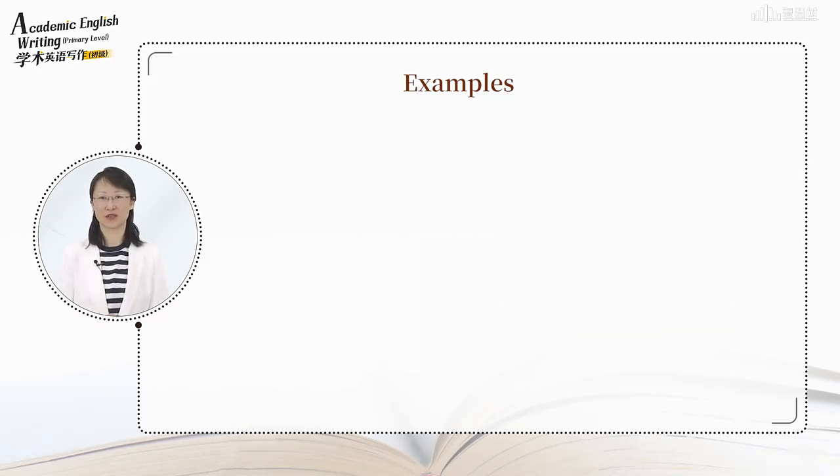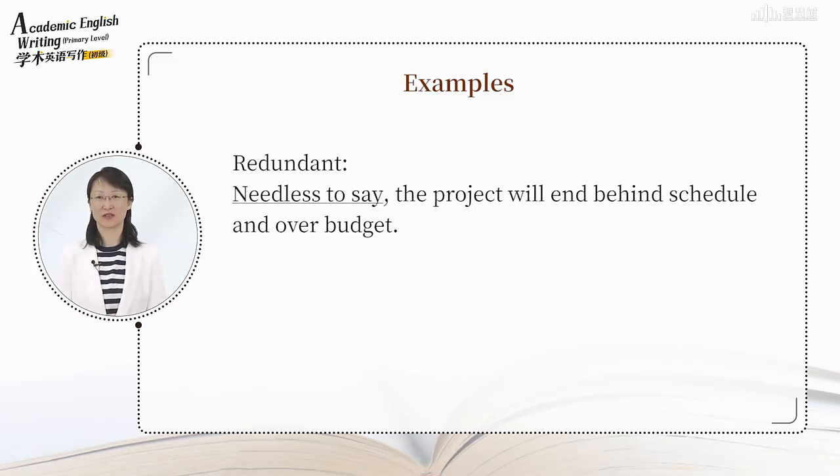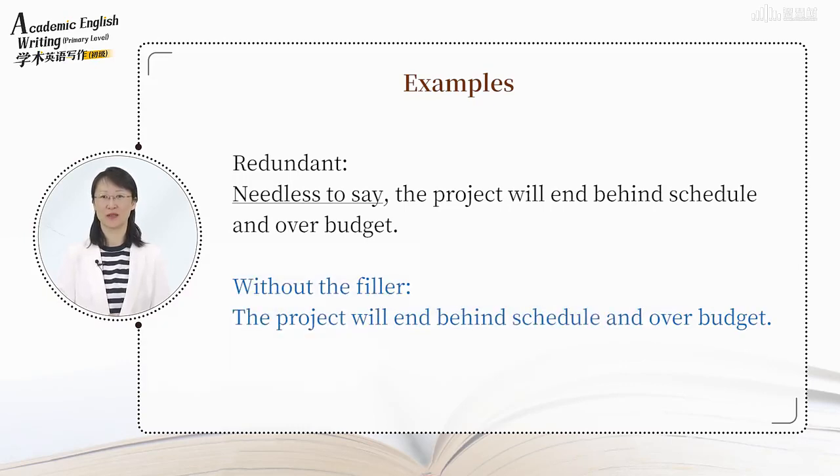And in the third sentence, needless to say, the project will end behind schedule and over budget. The filler expression, needless to say, is unnecessary because the writer is stating it anyway. In all 3 sentences, the underlined words and phrases are conversational fillers that are inappropriate or unnecessary in writing.